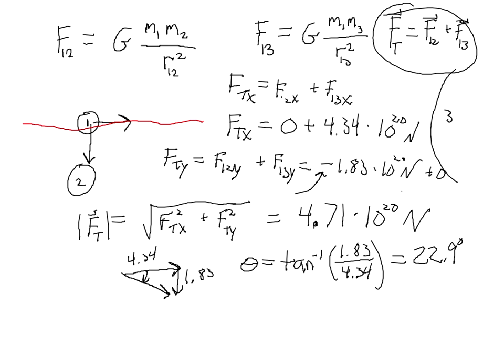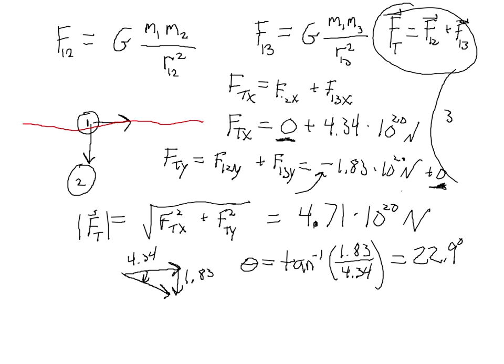So, as I said, this will work for any combination of 3 masses. There will be times when you won't necessarily have a 0 for one of your components. That made the math a little easier in this example. But the basic method that I showed you here will work for any 3 masses.